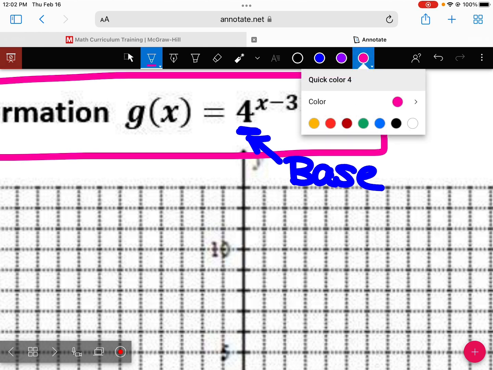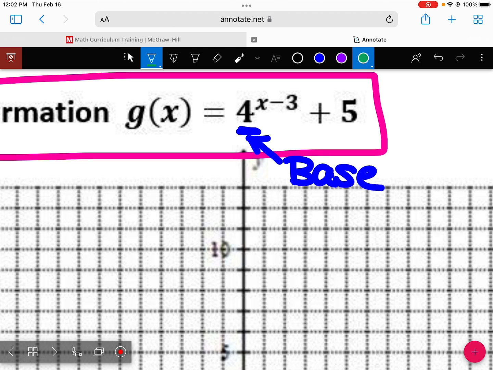Looking at that transformation, I still want to identify A, H, and K. Where do we look for the A value? Is that my A value? No, that's my base. It doesn't have an A value. If you don't see it, it is 1.